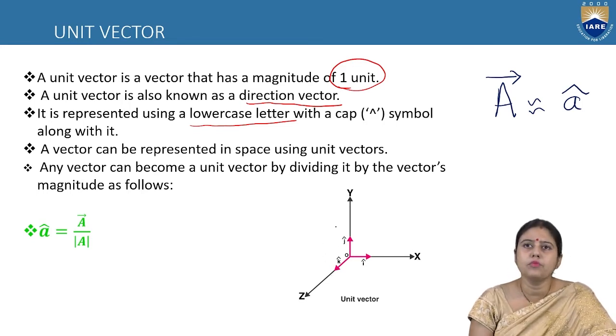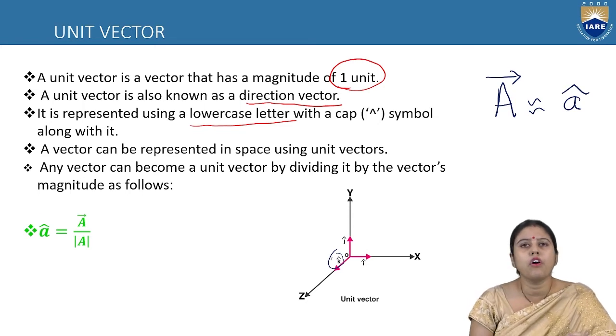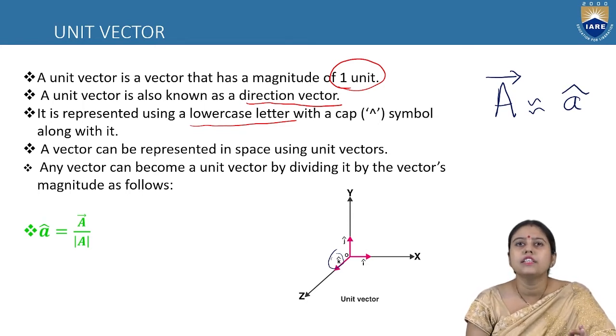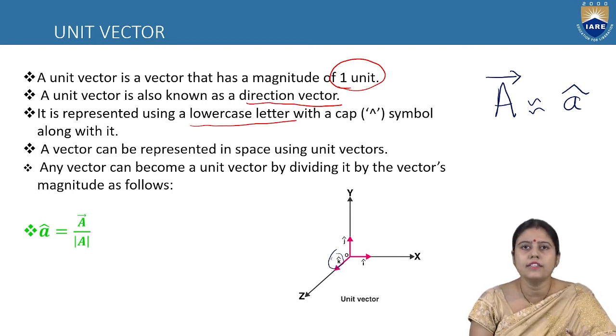And if anything is moving along the z-axis, we can write it as k. So if anything is moving in the electromagnetic field, we will only concentrate on the three-dimensional case. Three-dimensional means three axes, x, y and z.